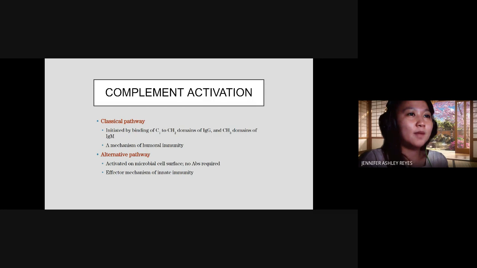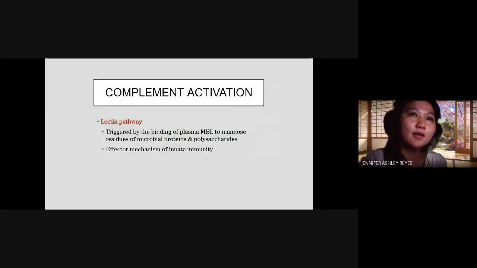So, 'di ba sabi natin kanina, we have several pathways of the complement system. So, yung complement natin, hindi yan na-activate just by one pathway or one way. Meron tayong tinatawag na classical, meron tayong alternative, and meron tayong lectin pathway. So, minsan meron din tayong additional na name sa lectin pathway, yung mannose binding lectin pathway.